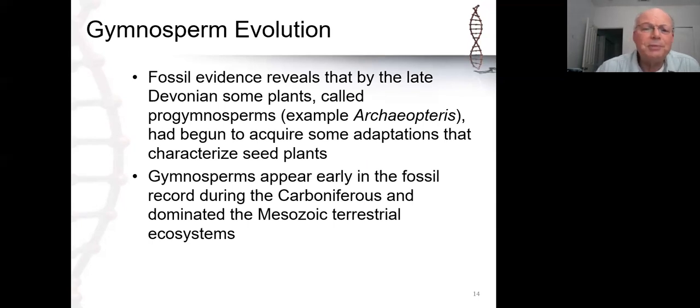Now, I know that seems to be somewhat inconsistent, that we don't see the fossil evidence of gymnosperms in large numbers until we get to the Cretaceous. And we don't see fossils of gymnosperm pollen until we get to the Cretaceous in large amounts.